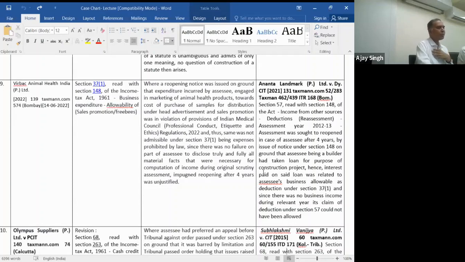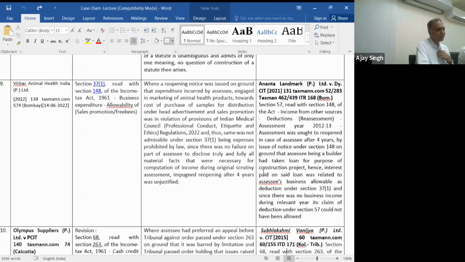reopening was challenged before the Honorable Bombay High Court, wherein the assessee had claimed that while filing the original return, it had shown the expenditure in the context of distribution of free samples, what is now being termed as freebies, which in view of the explanation to section 37(1) is not to be allowed.